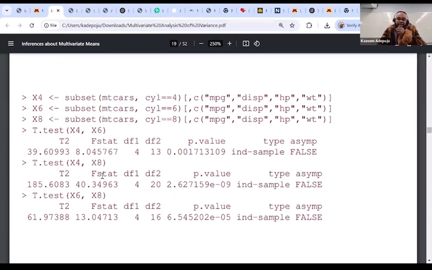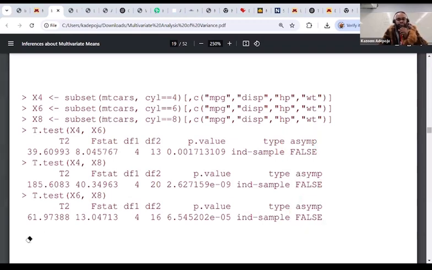Here the T-squared that I'm using assumes no asymptotics. Do you see that? Asymptotic false, which means this can be applied to small sample sizes. I'm not talking about a large sample size here. Please pay attention to the code.